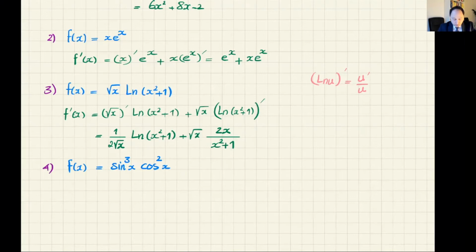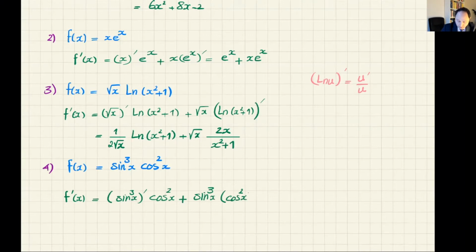So we want to differentiate this function. So how should I do that? First of all, you see that that's a product. I want to differentiate it. So this becomes the derivative of the first one, but multiplied by the second one itself, plus the first one itself multiplied by the derivative of the second one.